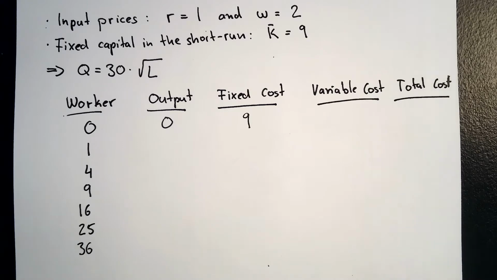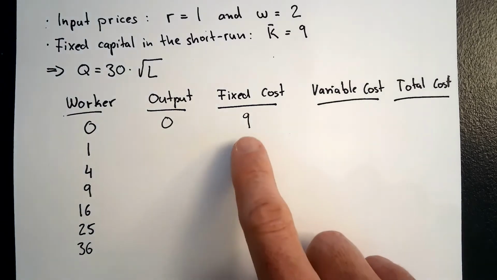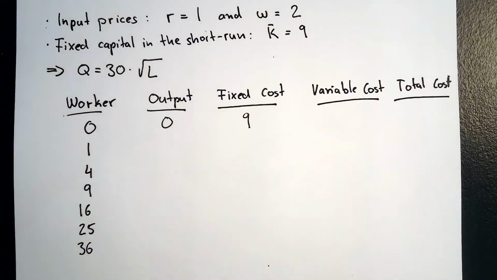Despite the fact that they were not producing any output in the sense of providing flights to passengers, they still had to incur fixed costs associated with, say, the maintenance or even the loan payments on the airplanes. So fixed cost is independent of output, and you have to pay it even if the output is 0.